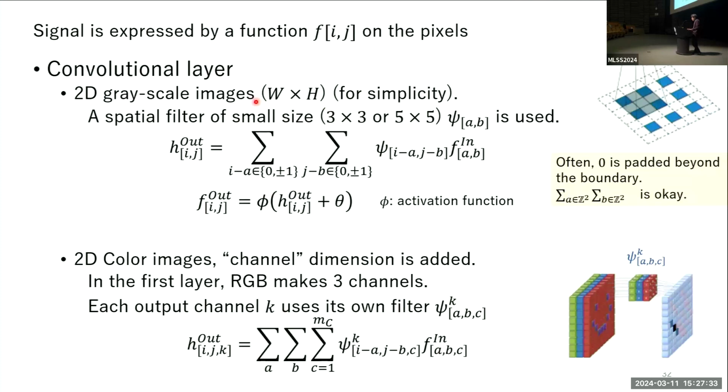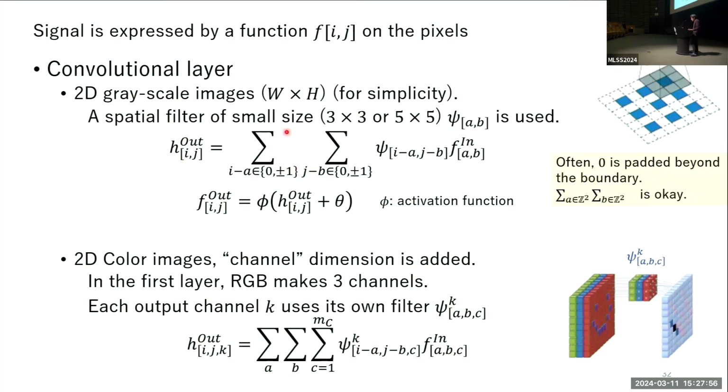In the simplest case of grayscale images, this is a real valued or scalar valued function of pixel. And the convolutional layer applies some spatial filter of small size to each part of the input signal.